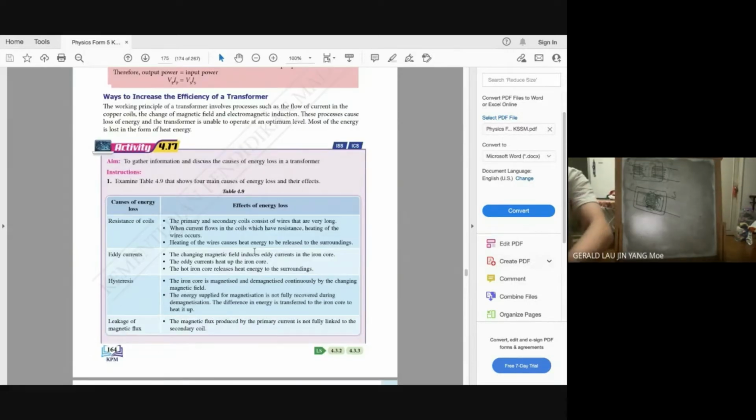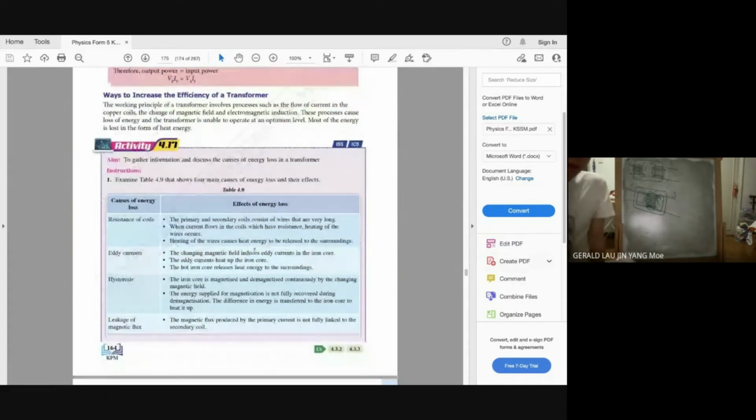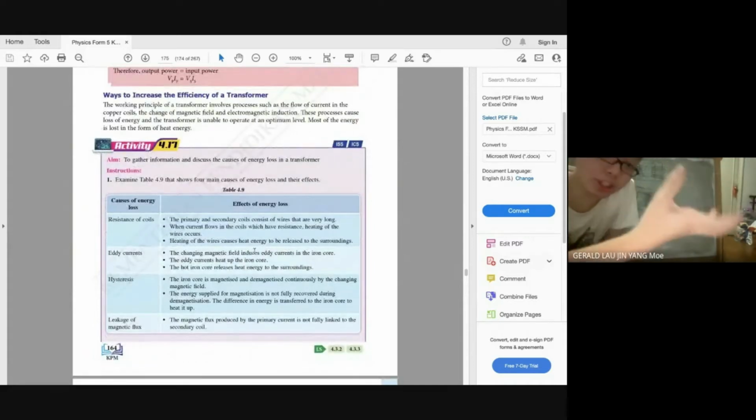Okay. So these are two types of transformer. First of all, as I said just now, all transformers will at least lose some energy or power, except for those really efficient or ideal transformers. So the factors or causes of this energy loss: the first is resistance of coils.